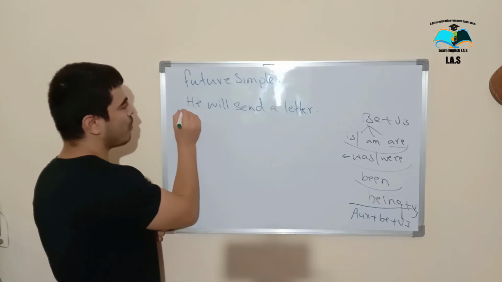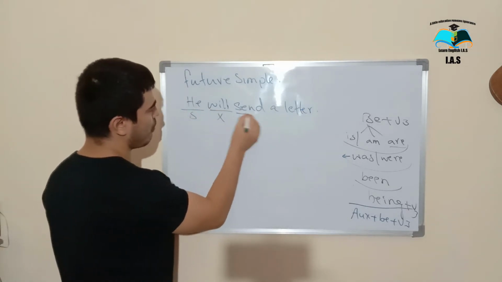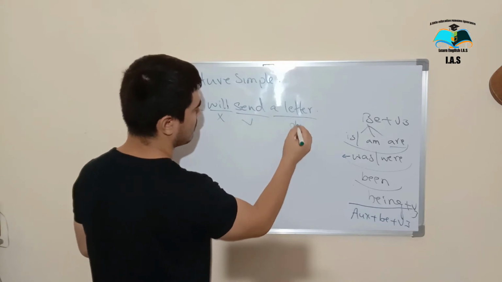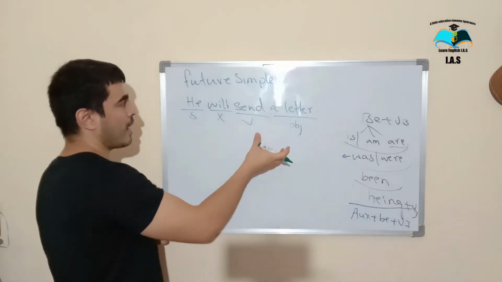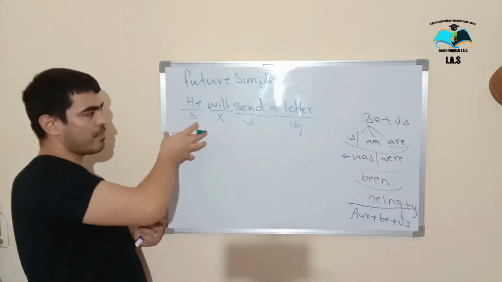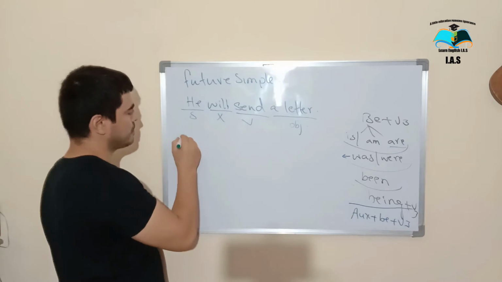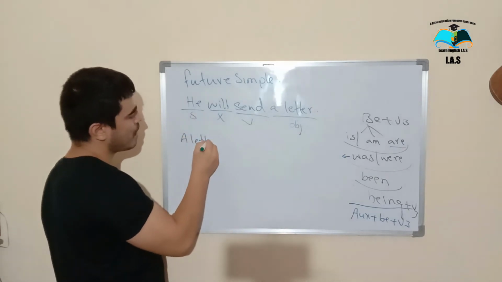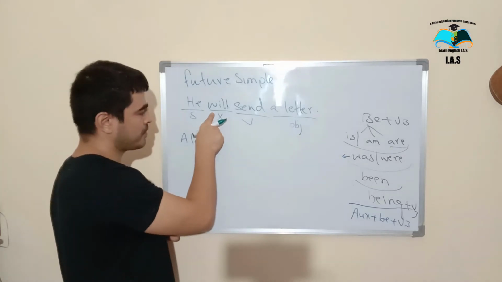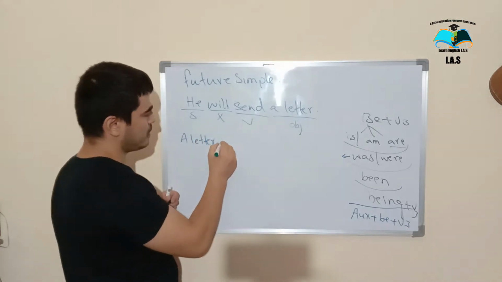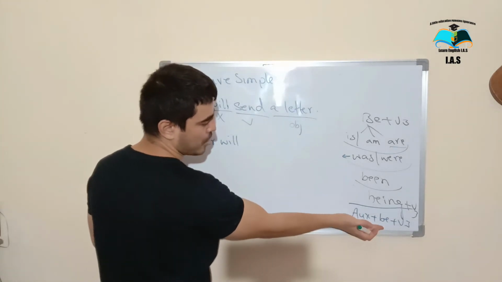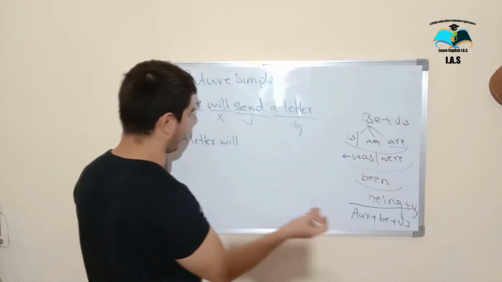In this sentence, we have the subject, we have the auxiliary, the verb in simple form, and we have the singular object. Okay, as I told you before, the object of an active sentence becomes the subject of the passive. A letter, we have the auxiliary here. Auxiliary comes first. A letter will, as in the structure, auxiliary plus be plus verb 3.